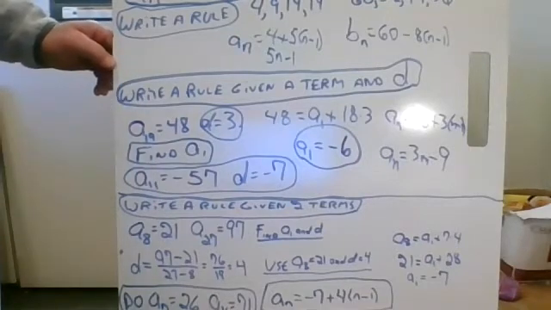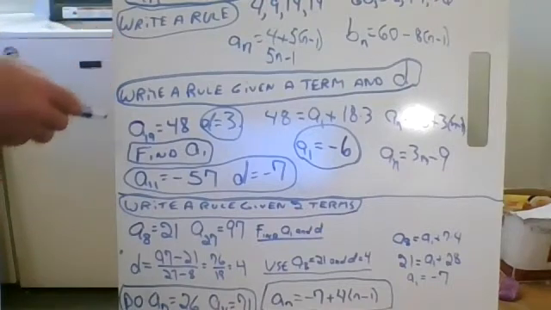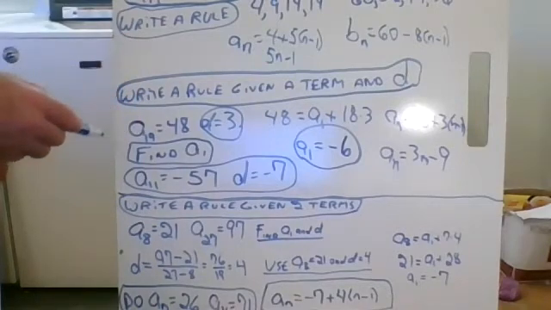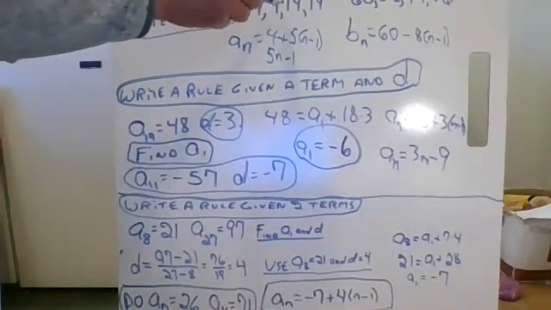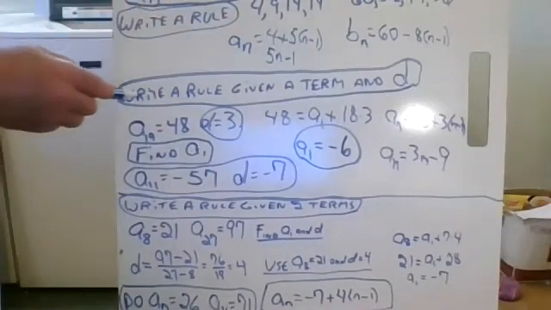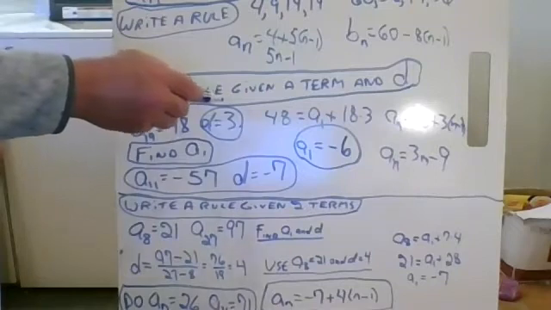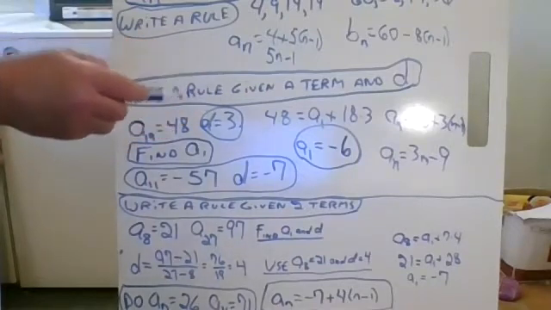You should be able to do that problem. All right? So that's the second type of problem. First is finding the term generator from the sequence. Now it's finding the term generator from a term and d.